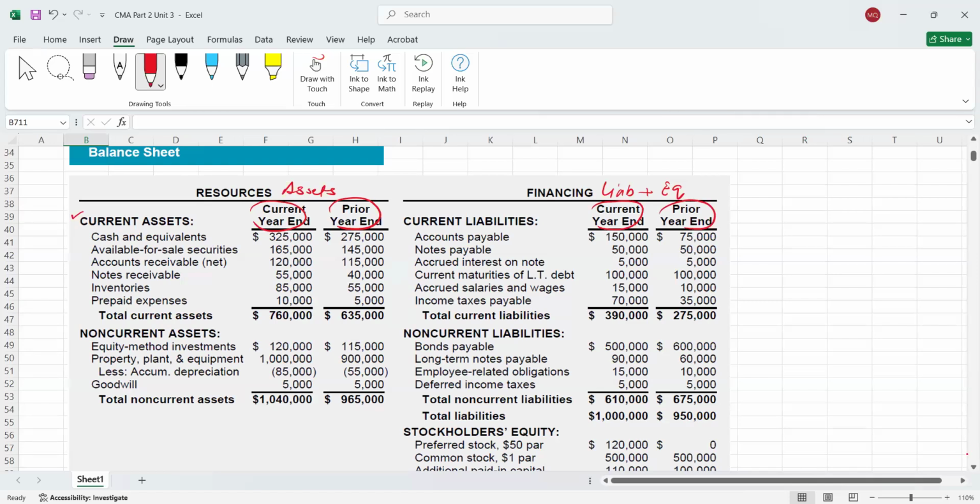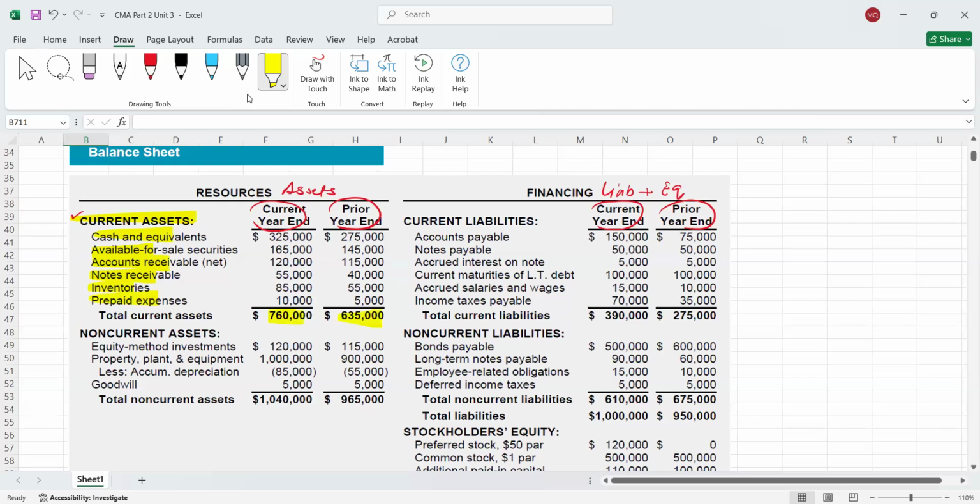So first I'm starting with the current assets. We got some current assets, for example, cash and equivalents for the current year and the prior year figure. We got some available for sale securities, which are also current assets, accounts receivable, notes receivable, inventory, prepaid expenses. So these are your current assets. And here we got the total of current assets for the current year and for the previous year.